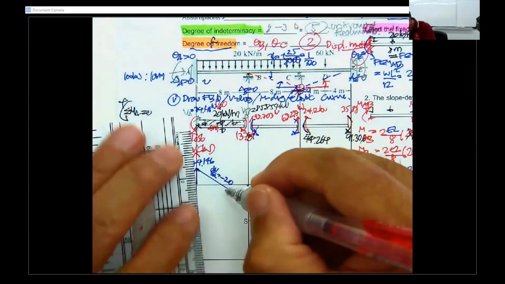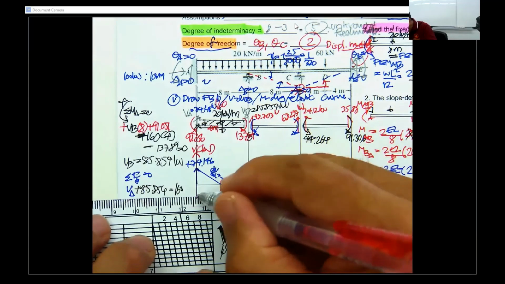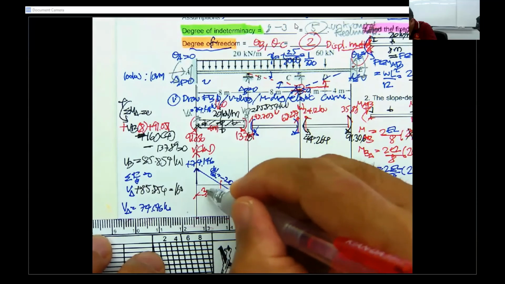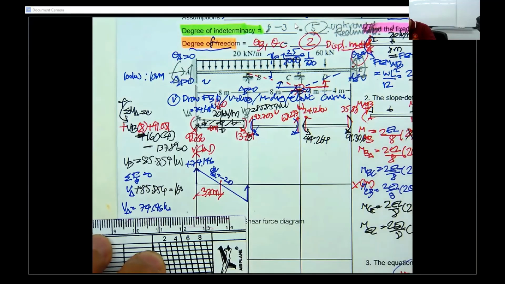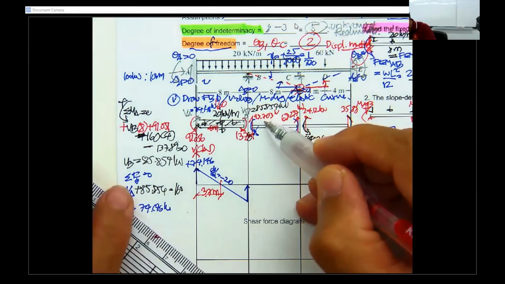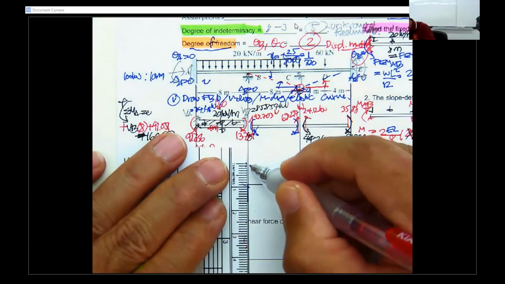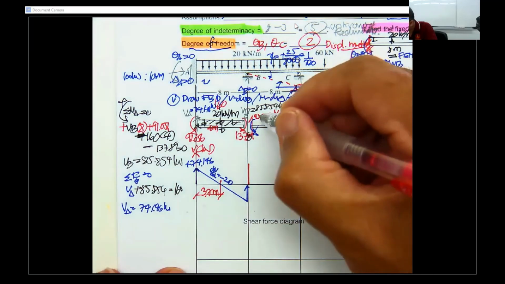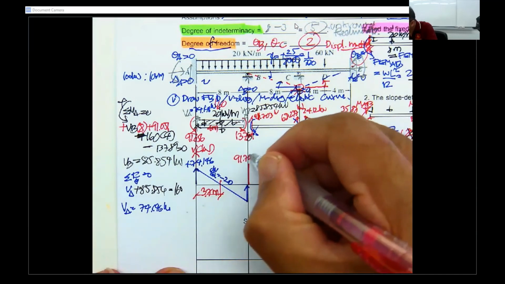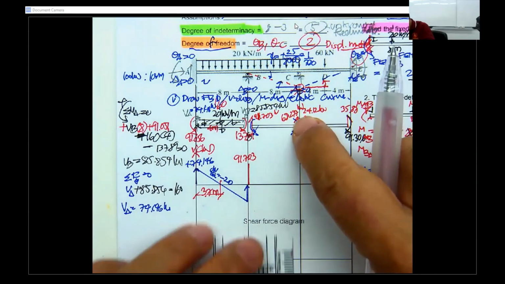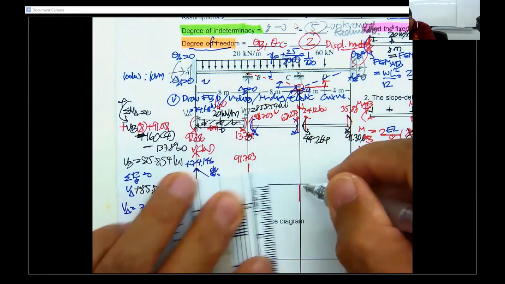And then you can determine this length. Just divide 74 by this one. You may get about 3.7 meters. And next, this is 91.703, which is going to be up, and this is 68.297, minus 68.297.